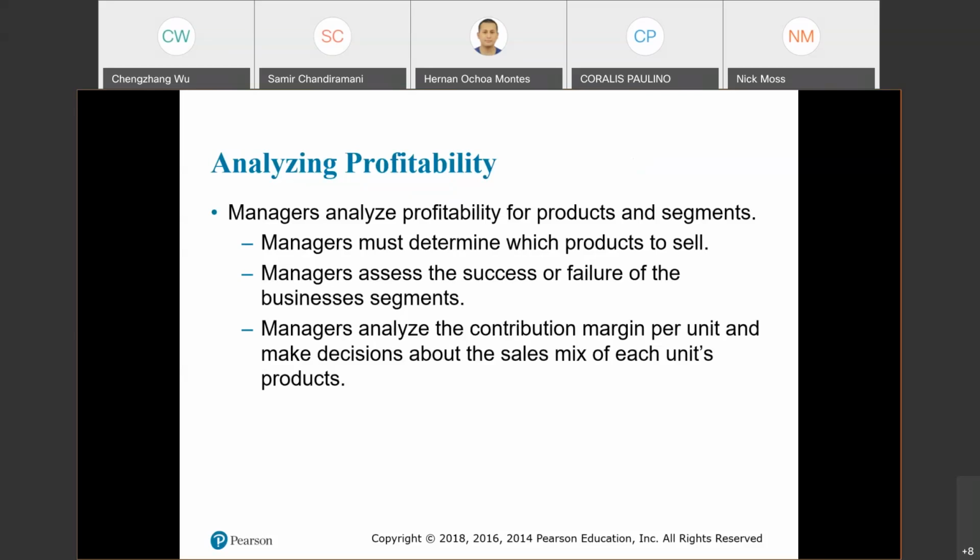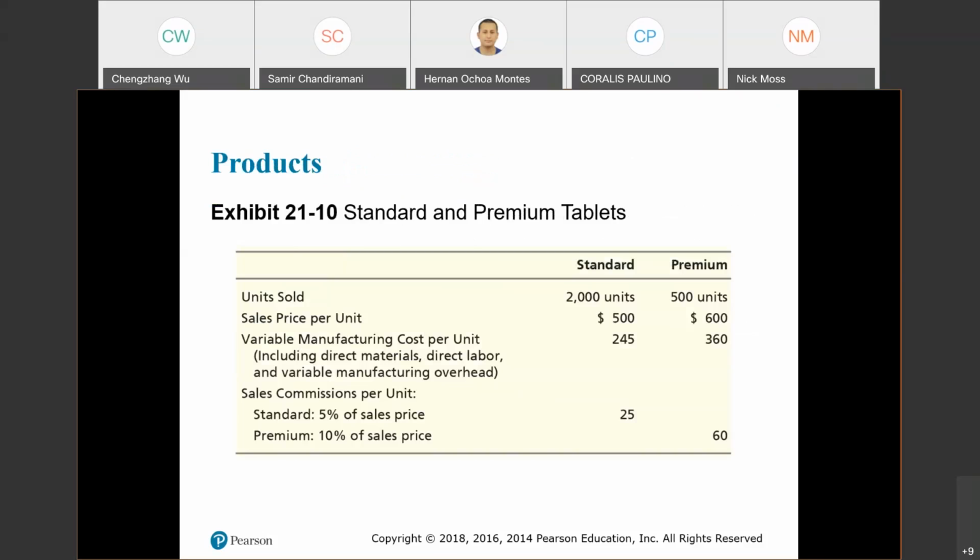And here we will continue using the Smart Touch Learning company, which sells two types of tablet computers. In terms of products, let's see the basic information.